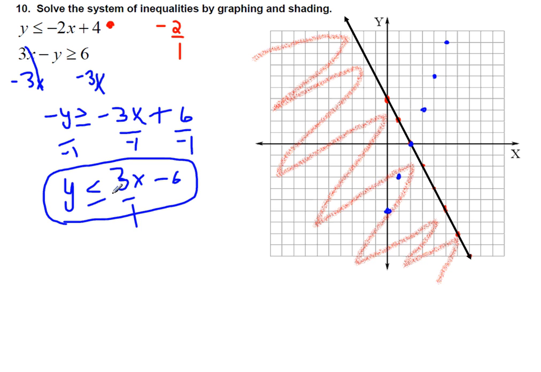Oh, this one is going to be solid also. So if it's one of these symbols, then you're going to have a solid line. If it's one of these symbols, you're going to have a dotted or dashed line. So this one's going to be another solid line.